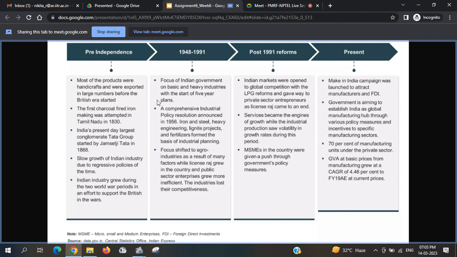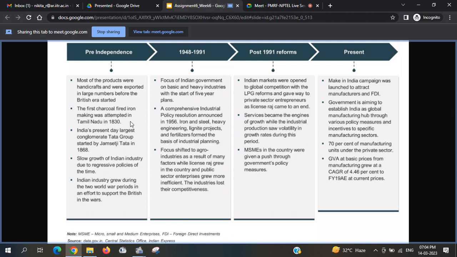So in the pre-independence era, most of the products or handicrafts which were produced in India were exported in large numbers before the British era had started, like even before British occupation of India. Then later, after British occupation, things progressed for Indian economy very slowly, and was largely controlled by the British government.